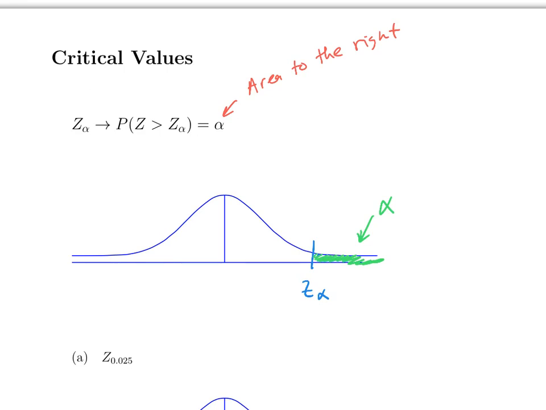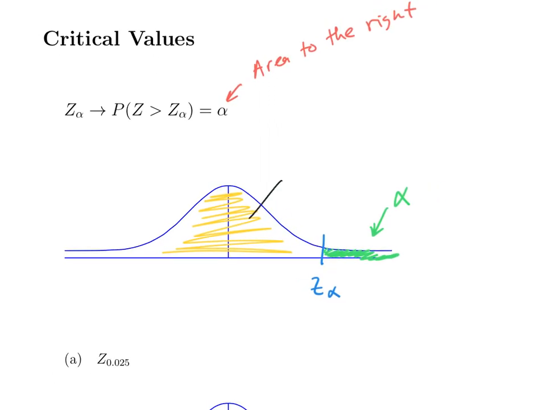So how do you figure out the yellow area? 1 minus alpha, right? And then this is the one you're going to look for on the table. So this is how the notation is going to be. The alpha is already the value or the area on the right. So this is actually very convenient once you look at the notation.